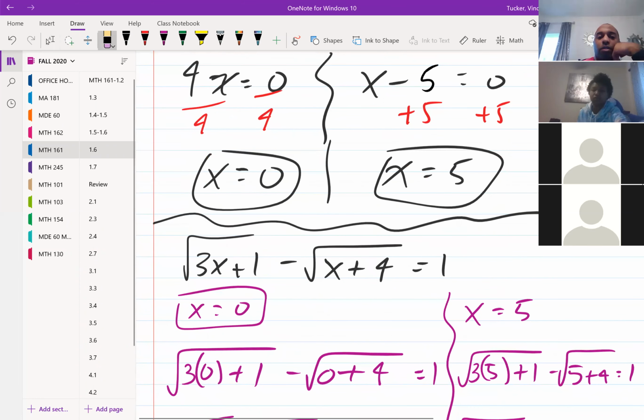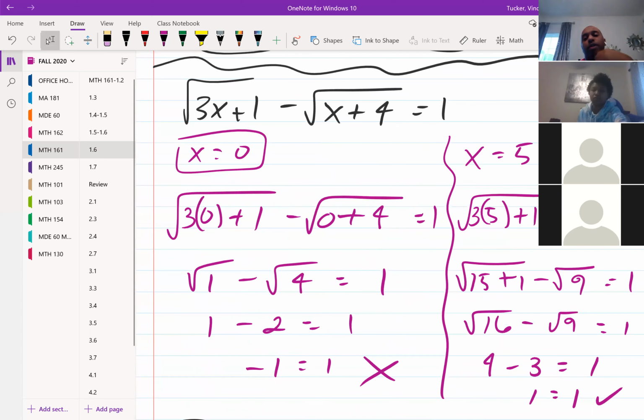So here's the check, just plugging in 0 into the original equation, plugging in 5 into the original equation.